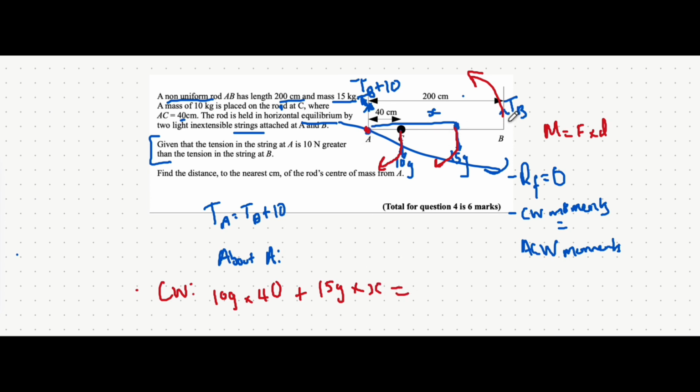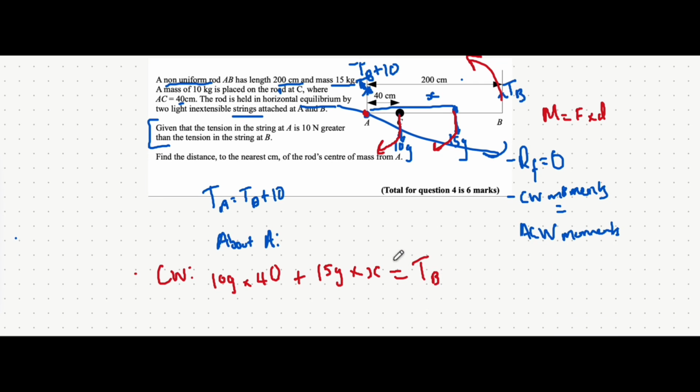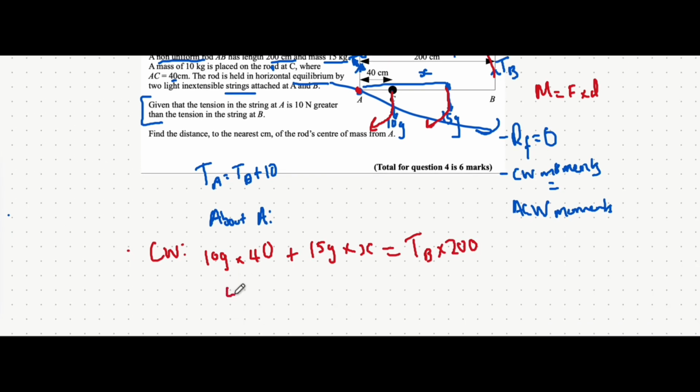And you make that equal to the tension at B, which we are unaware of, multiplied by the distance of that from the pivot, which again we're going to leave in centimeters. Forming an equation, we have 400g plus 15gx is equal to 200 times the tension at B.